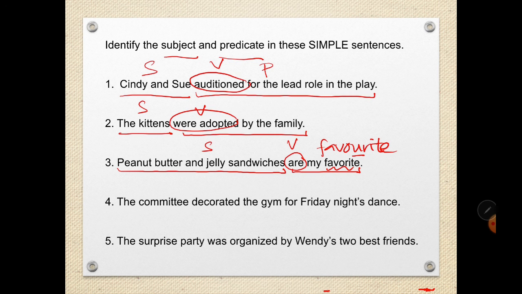Right, number 4, the committee decorated the gym for Friday night's dance. So the committee, this is the subject. Whatever is after the subject is the predicate, and decorated is the verb.